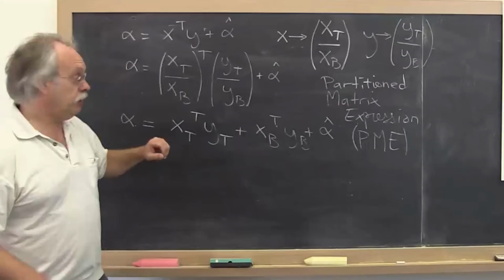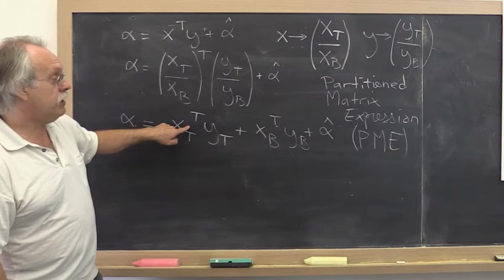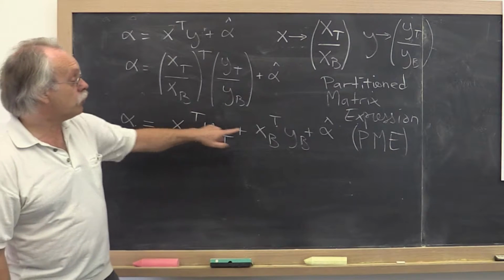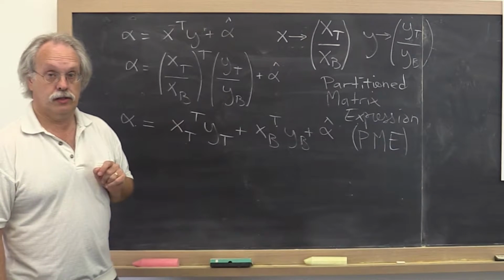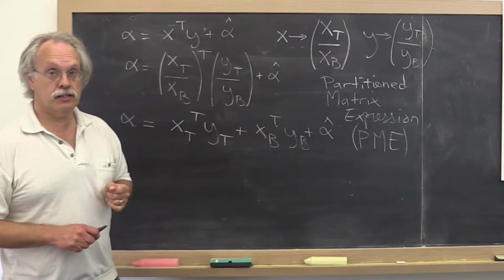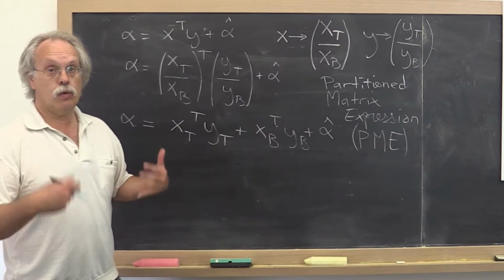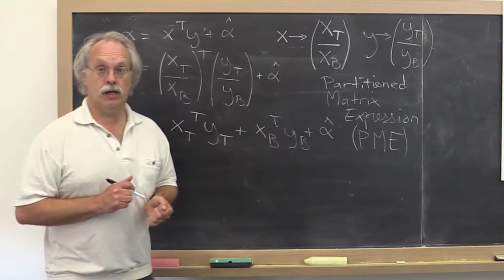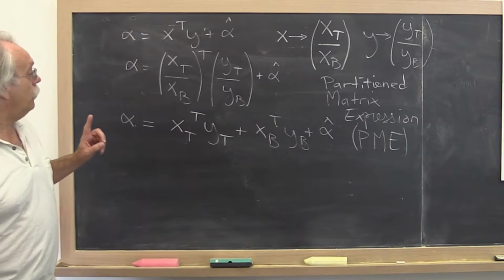For those of you who have a little bit more experience with computer science, the partitioned matrix expression is actually a recursive definition of the operation. And what we're going to see as the course goes on is that if you have the recursive definition for the operation, then we know how to turn it into a loop-based algorithm. Okay, so let's move on.